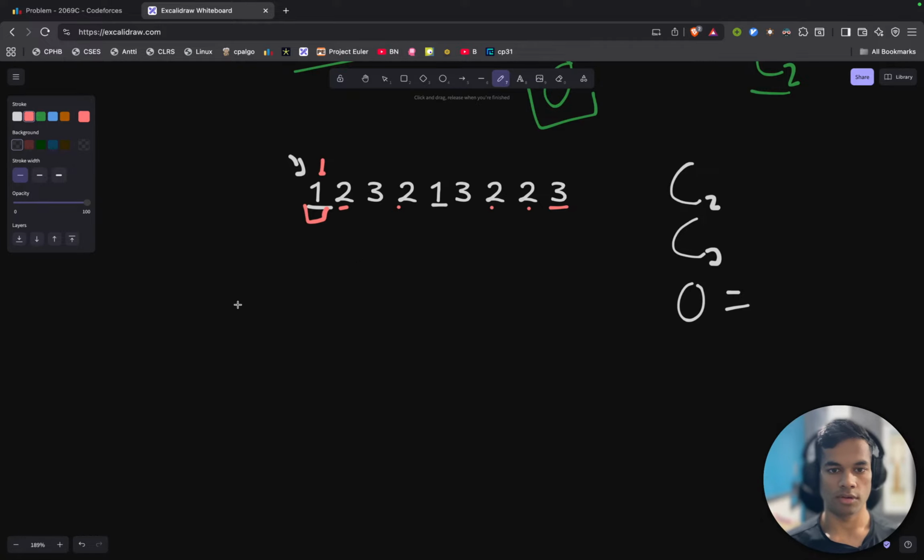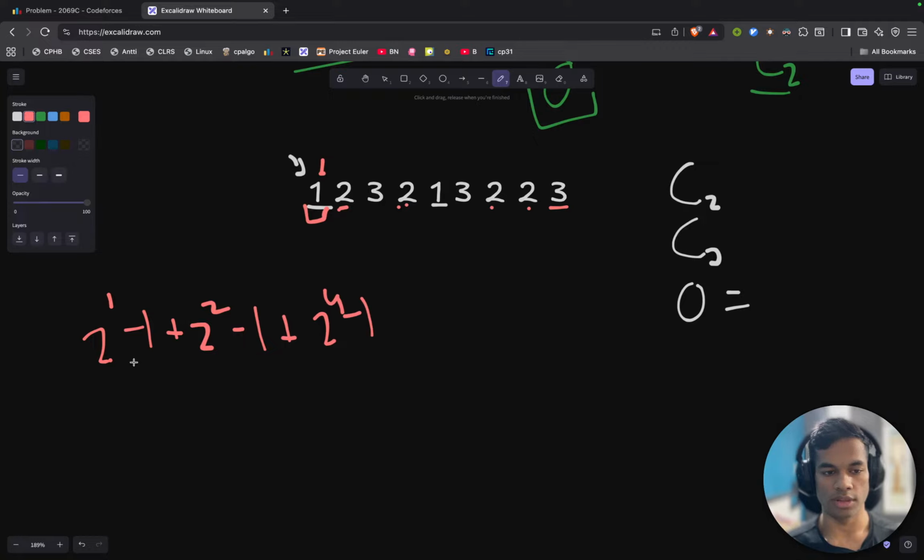Not just that, 2 power 1 minus 1 plus 2 power 2 minus 1 plus 2 power 4 minus 1. That is the original value, which would be 1 plus 3 plus 15. That is 19. Okay, so the original value was 19.